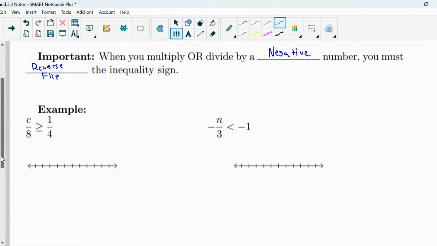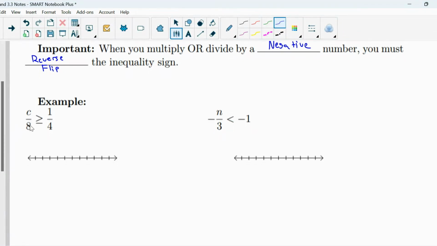So our first example here, we have c divided by 8 is greater than or equal to 1/4. For this example, we need to multiply in order to get 8 out of our denominator. So we have 8 times c divided by 8, which we also have to multiply to the other side. Remember, by multiplying this, our denominator will cancel out.